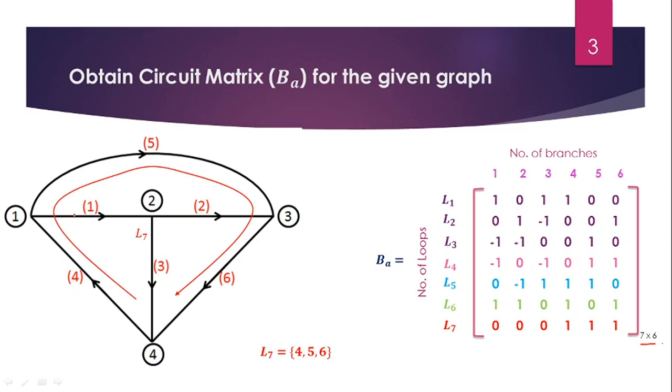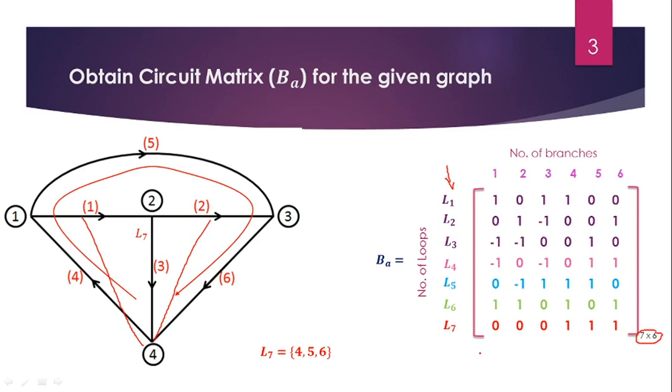But if we have a complex graph with more branches, let's consider 8 branches and 4 nodes, definitely the number of loops will be more than this. So you may find the matrix size will be more.